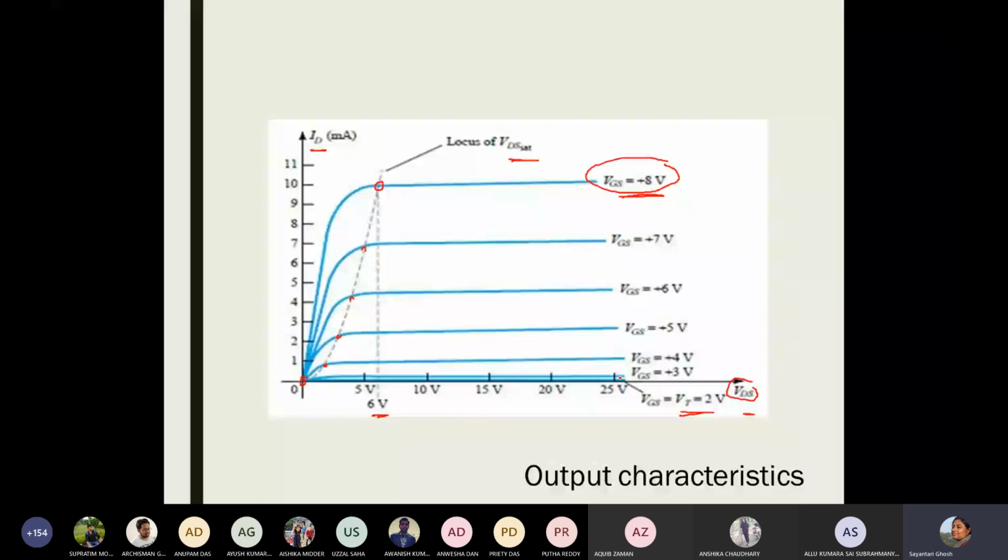The x-axis will be VGS and the y-axis will be ID. Draw it in the same way, extending in the other direction, like a parabola, and try to see what is the difference that you see from JFET. So I will stop at this point, and if you have any question, please ask.